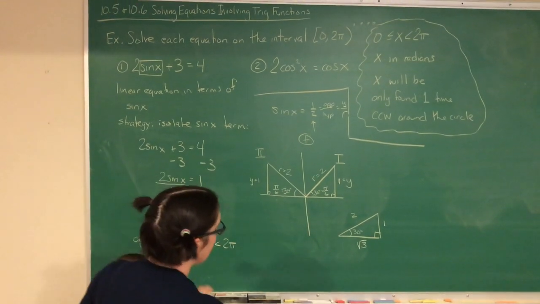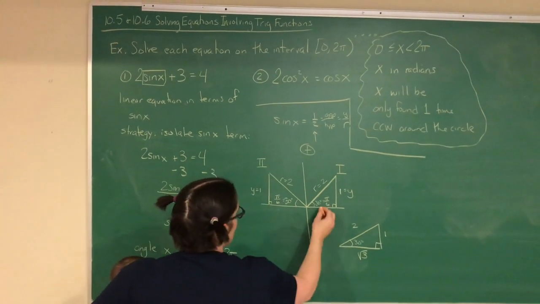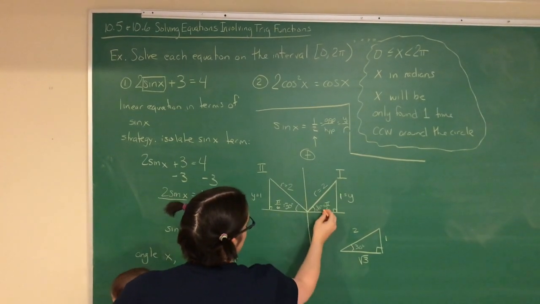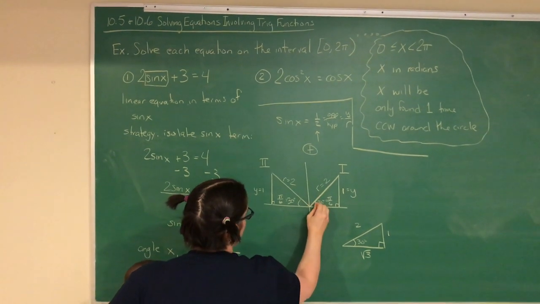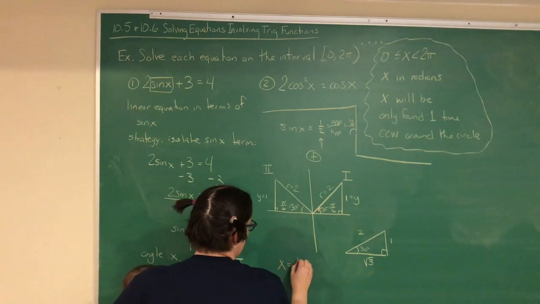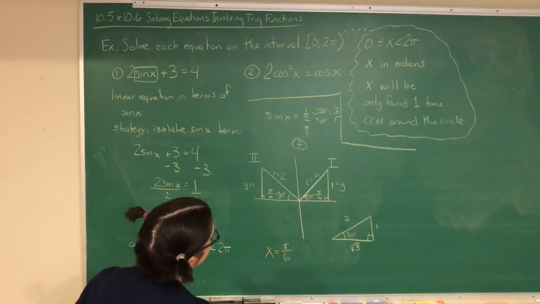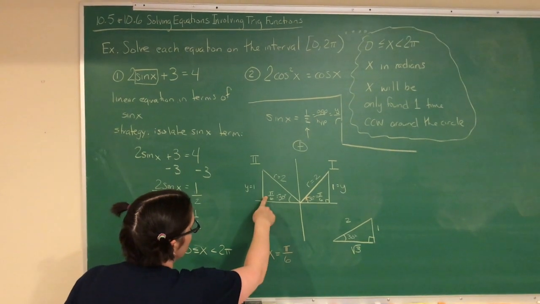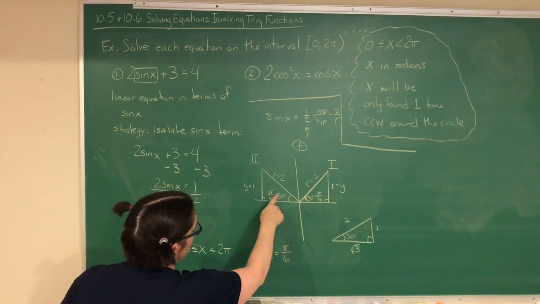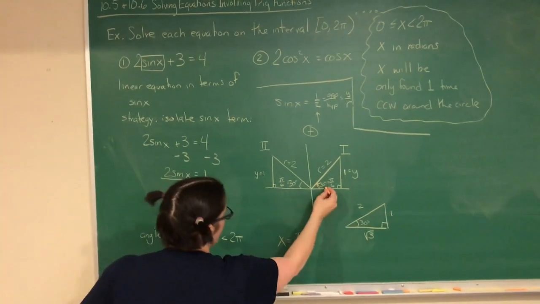All right, so now that I have the reference angles, I now want to figure out what the actual angles should be. The first one is easy because the reference angle is my angle. And so our first angle is x equals pi over 6. Our other angle over here, well, that's 30 degrees short of 180.